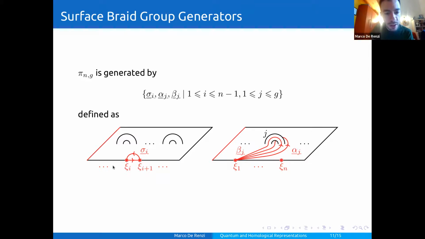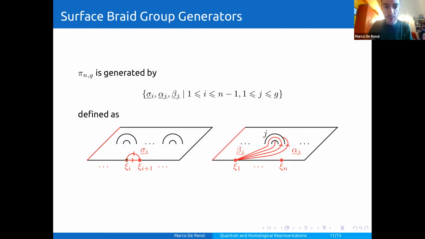So you should think that elements in the surface braid group are loops in the configuration space that start from the base point, so start from this n tuple of points on the bottom boundary. They go around the surface, looking at unordered configuration spaces, but essentially these are n tuples of loops.